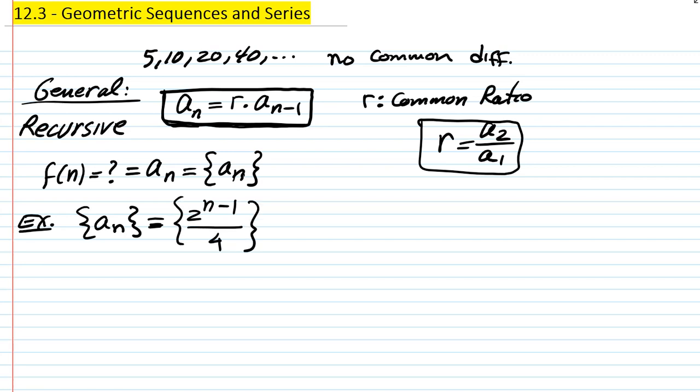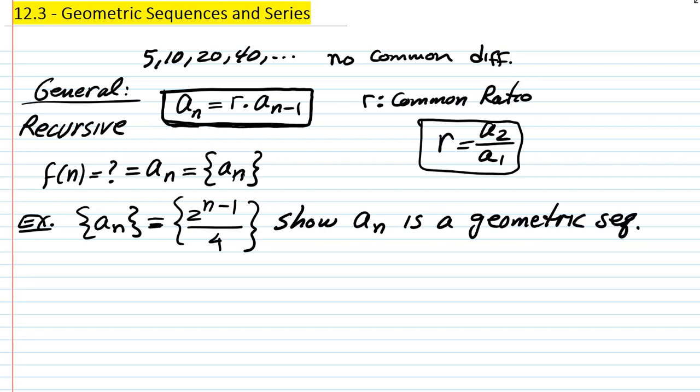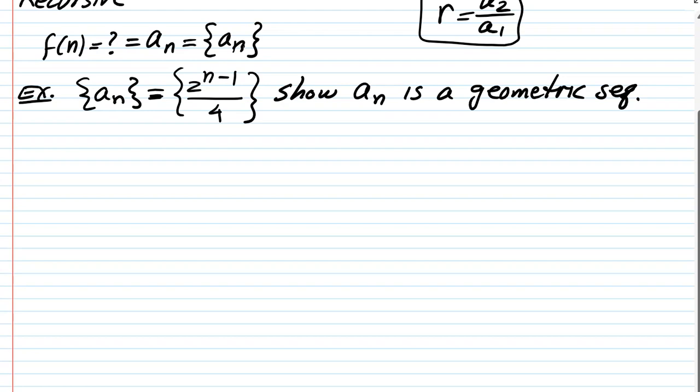Okay, and we want to write the first few terms, but first let's do this. Let's say we want to show that a sub n is a geometric sequence. To show that it's geometric, we need to show the common ratio is a constant. So for the common ratio, we go a sub n divided by the previous one. Or you can go a sub n plus 1 divided by a sub n, as long as you have two back-to-back terms.